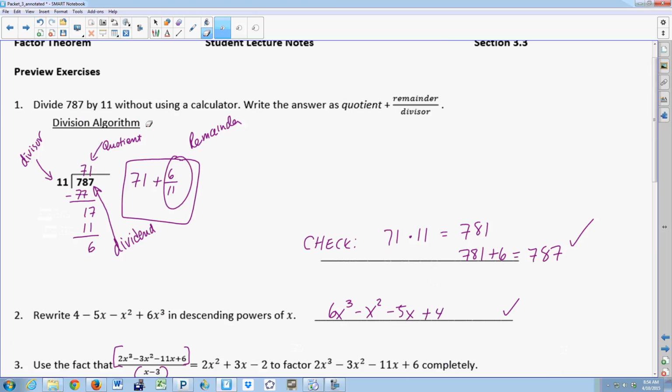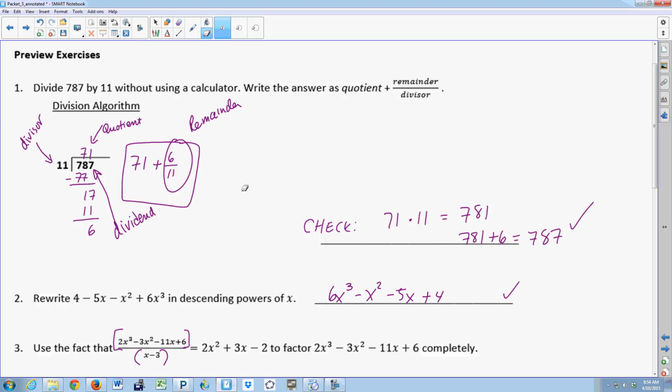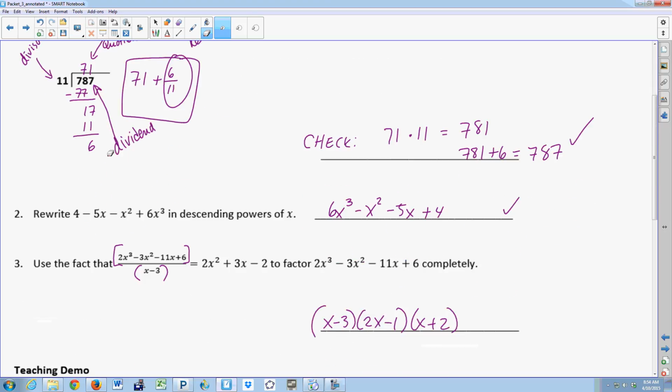This first problem, 787 divided by 11, is not evenly divided by 11. Anytime you have a remainder, your divisor does not evenly divide into your dividend. So 11 is not a factor of 787.